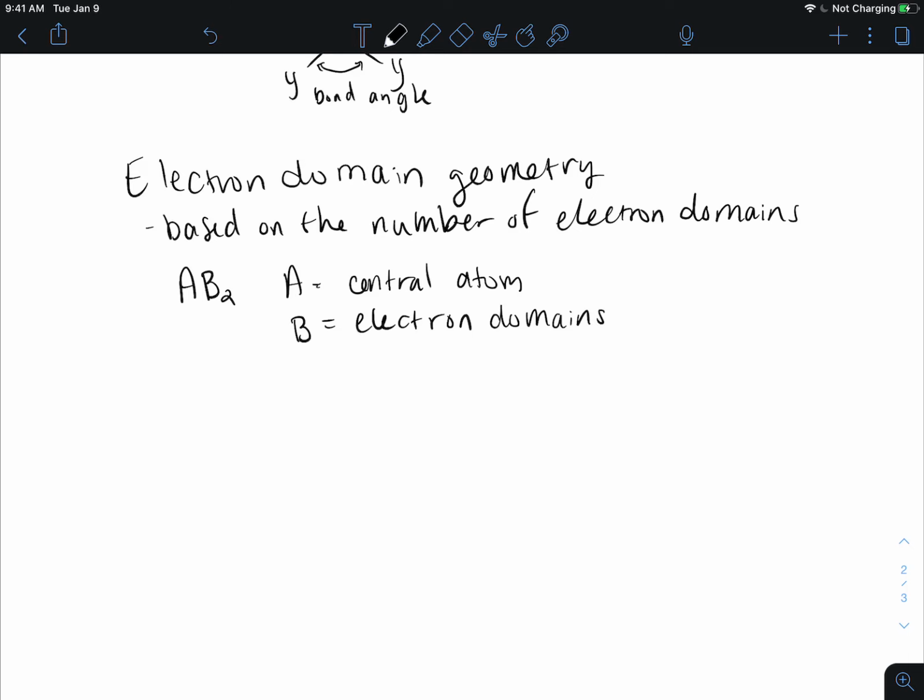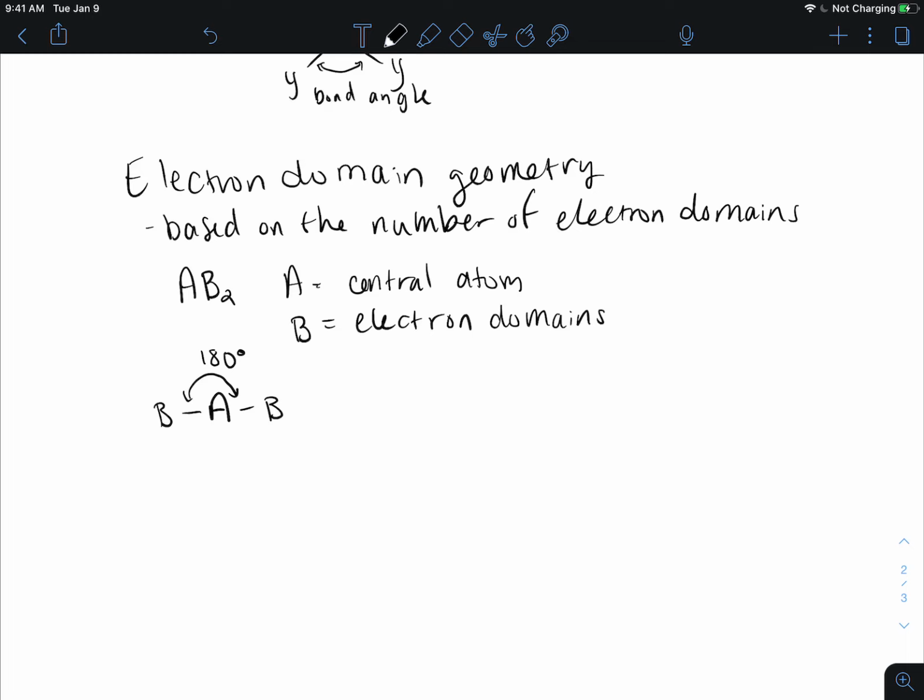Okay, so our electron domains can be atoms or electron pairs, but we have our central atom and our two electron domains are going to look like this, where the furthest we can get those two electron domains away from each other is 180 degrees. So that is the furthest you can get two electron domains in space.